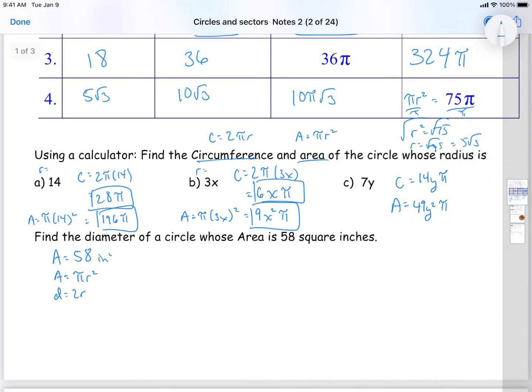So we have to do this in a couple of parts. We're going to find the radius first before we can find the diameter, okay? So let's go ahead and do that, okay?